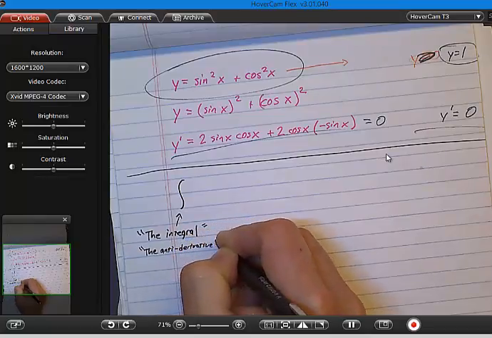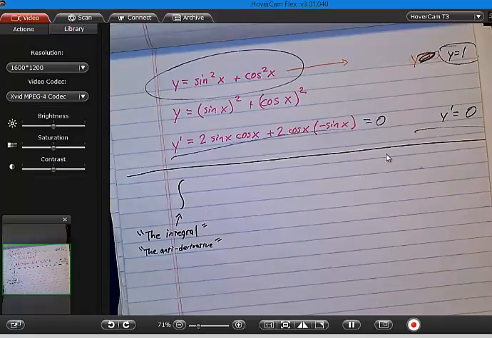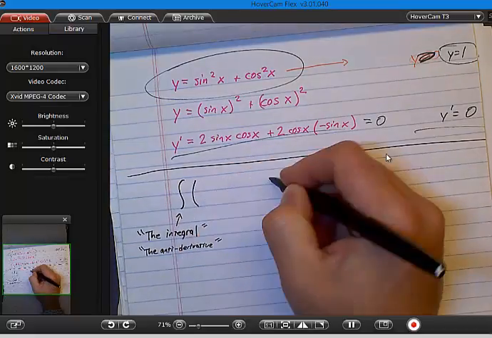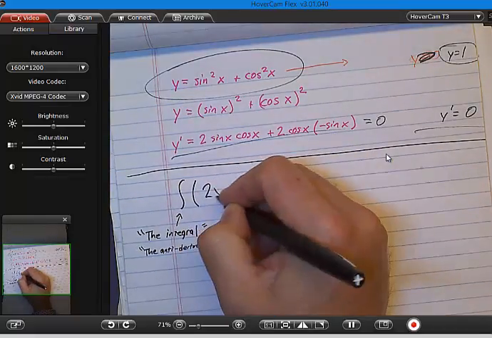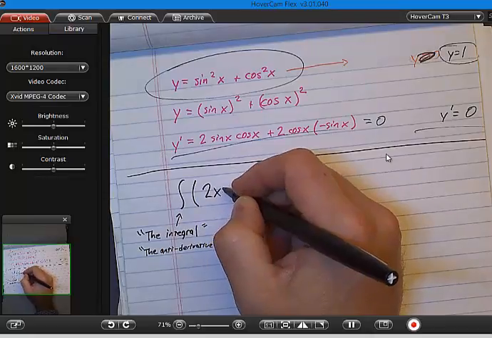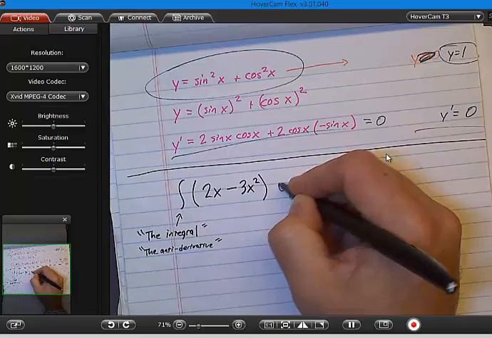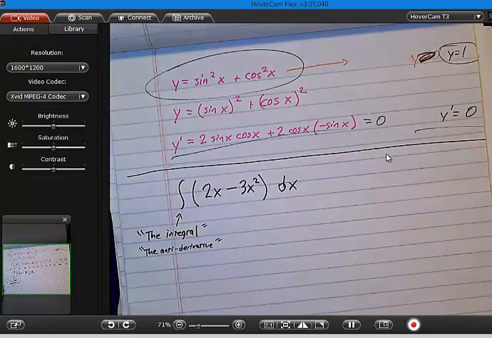We're going to go backwards from the process of taking derivatives. And then I have to give you a function. And so I gave you a function, 2x minus 3x squared. And then I wrote down dx.